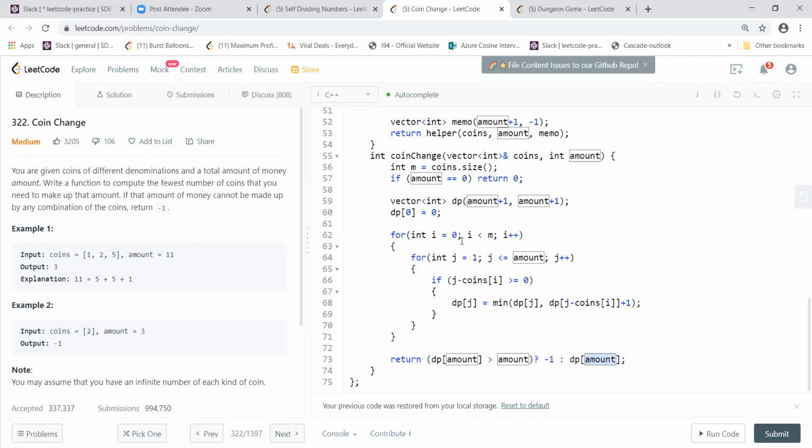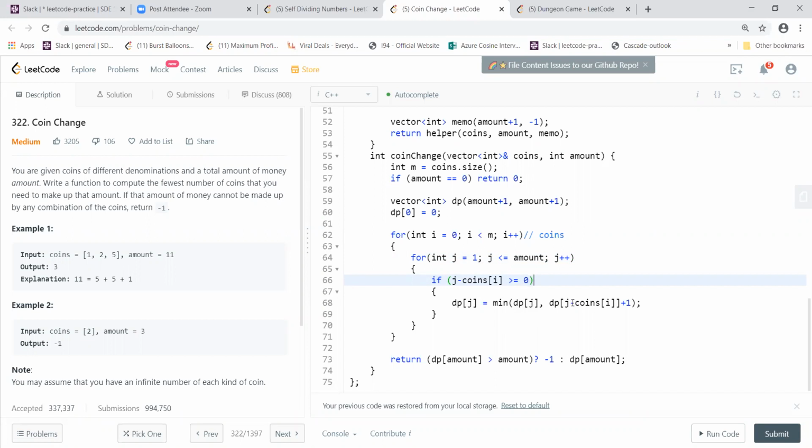And here, these are the two for loops. The first for loop is for the coin denominations, therefore it starts from 0 to m. The second for loop goes through each and every element of the DP array. Taking each coin denomination, if j is greater than or equal to coins[i], meaning the amount is greater than or equal to the coin, only then I come in here and do the manipulations for the DP array.